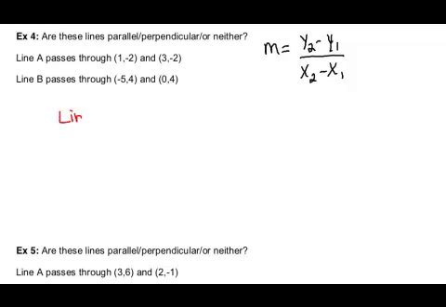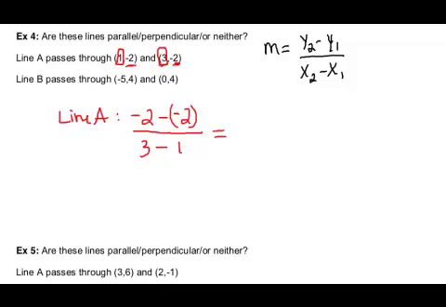So for line A, to find the slope, we first want to subtract our y values. So y2 is negative 2, y1 is negative 2, so negative 2 minus negative 2, over our x2 is 3, and our x1 is 1, so 3 minus 1.